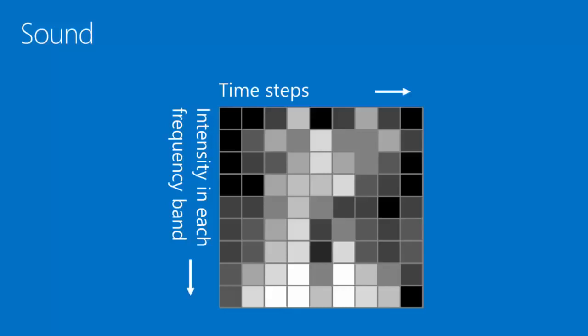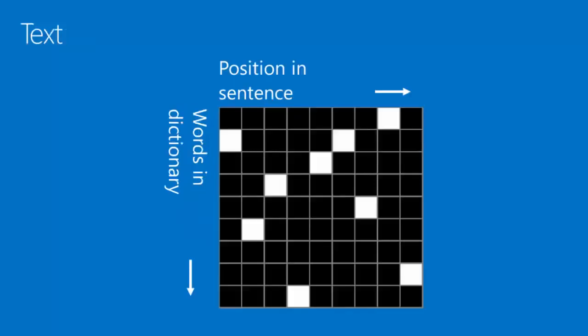Once you do this with sound, it looks like a picture. It looks like an image, and you can use convolutional neural networks with them. You can do something similar with text, where the position in the sentence becomes the column, and the row is words in a dictionary. In this case, it's hard to argue that order matters.